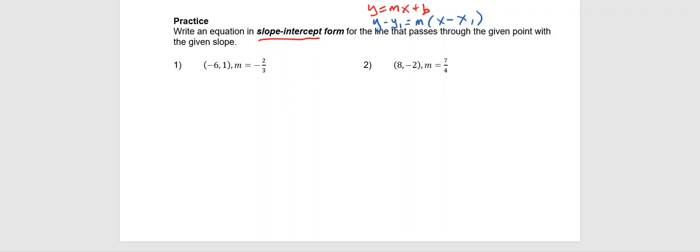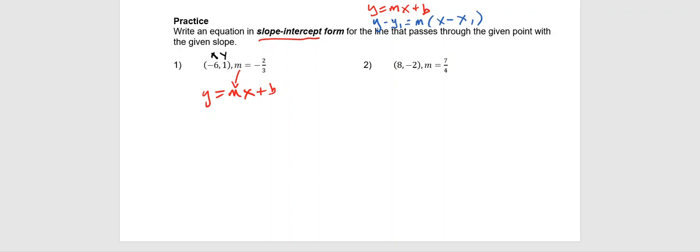So the first method we're going to use is slope-intercept form. So I'm going to start out with y equals mx plus b. That's my formula. And I already know that I have my m, so that's going to be real easy to substitute in. But what I also know is my value for an ordered pair. Now this is what gets a little bit confusing.